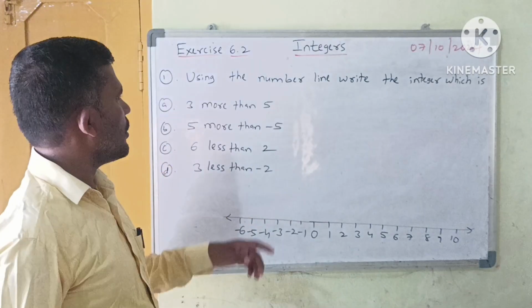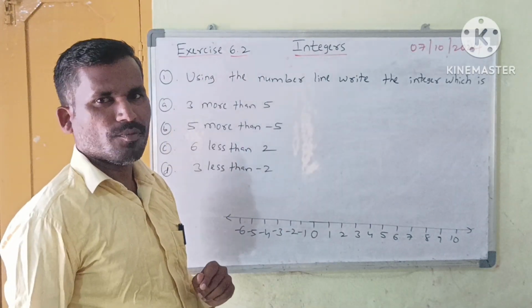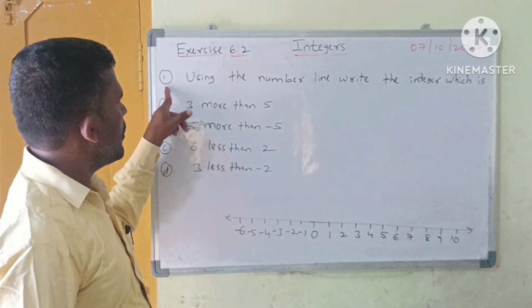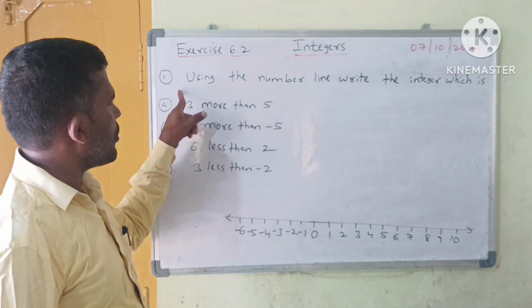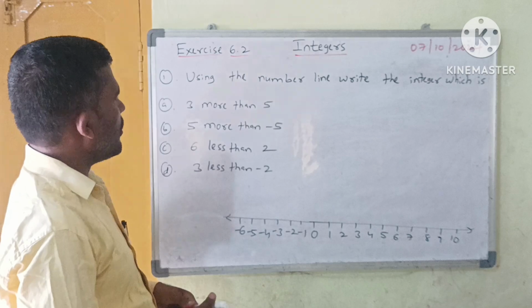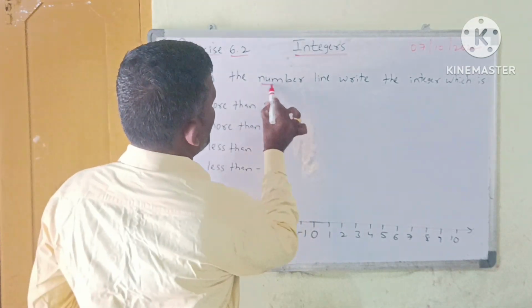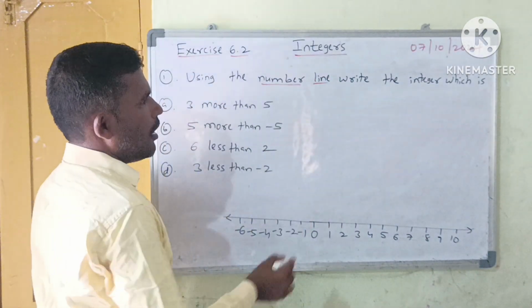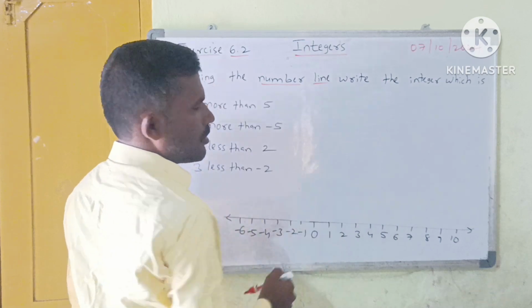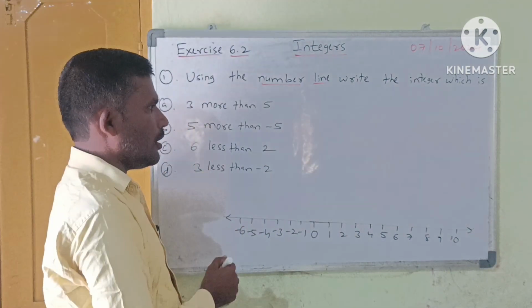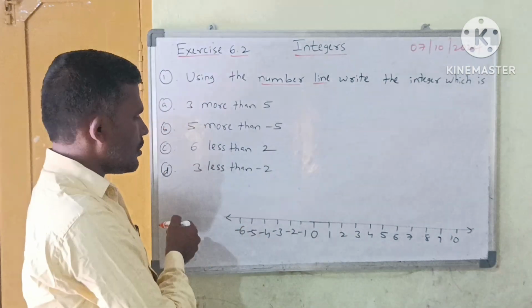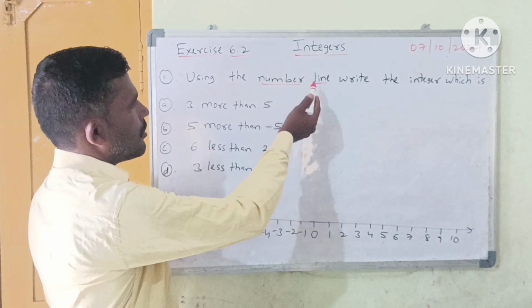Now the problems of exercise 6.2, second exercise. In that the first problem is using the number line. Using the number line, write the integer. Here there are 4 problems, and for that he asked for the number line only.